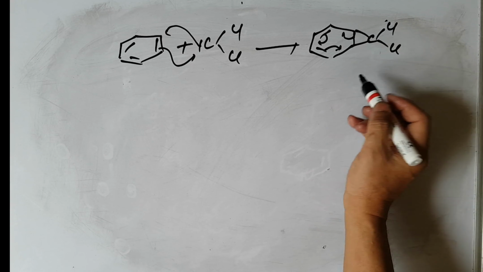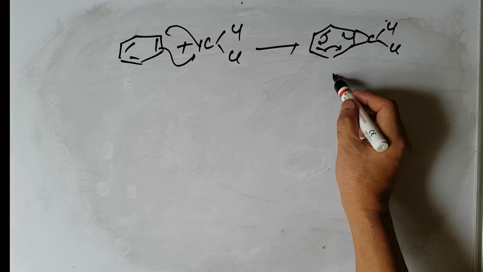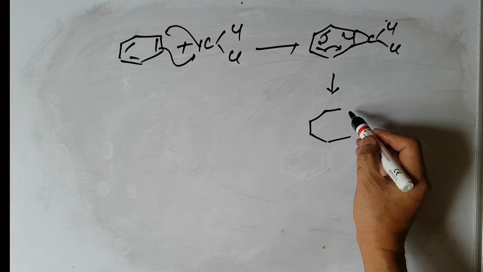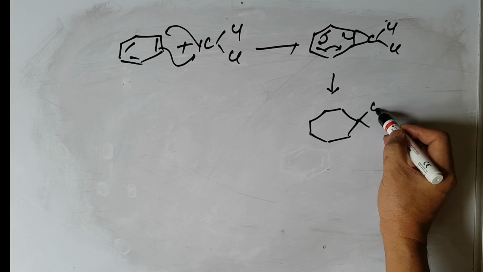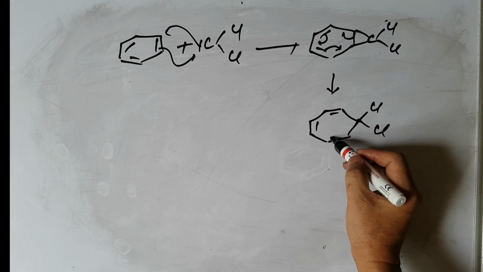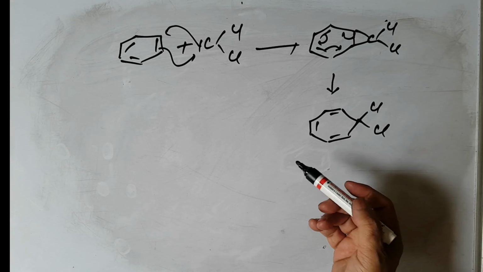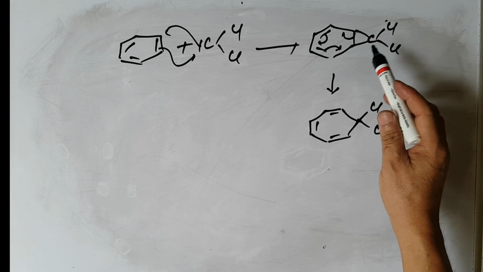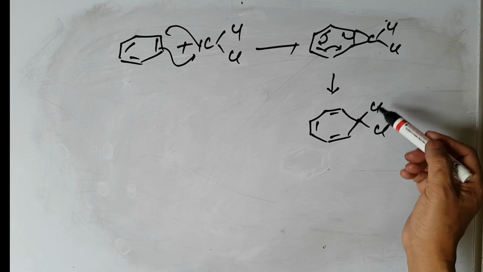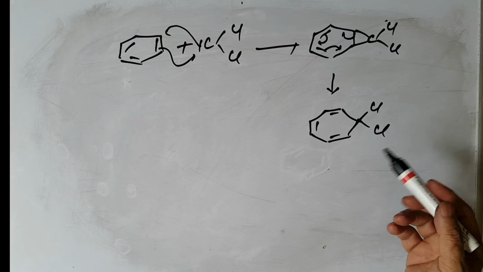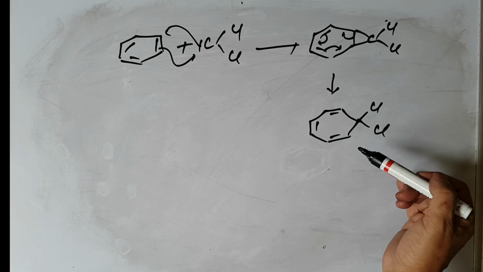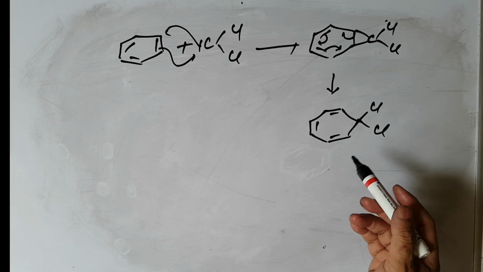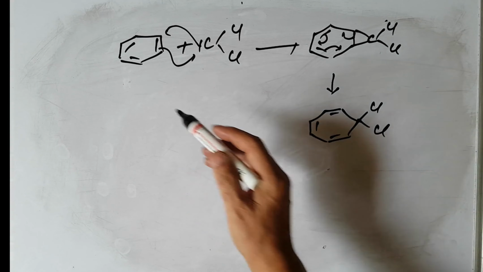You can have from a six-member ring, now it comes to a seven-member ring. So here ring expansion takes place. So addition of carbenes to aromatic compounds gives a first product that is a fused cyclopropane ring, which can then undergo ring expansion from a lower to a higher ring. So in the case of benzene, you got six-member to seven-member ring.